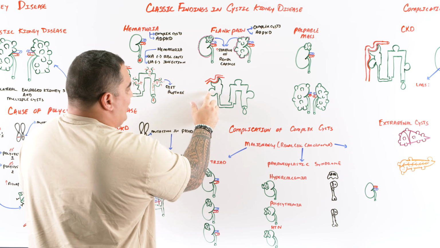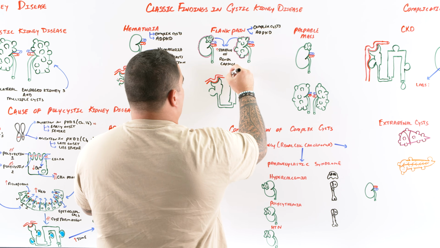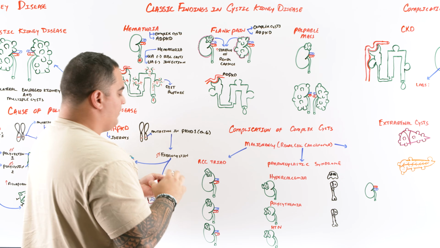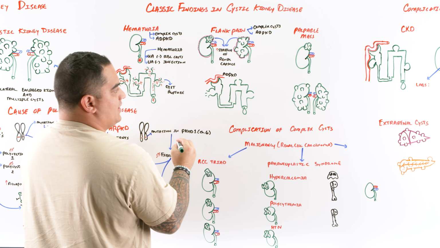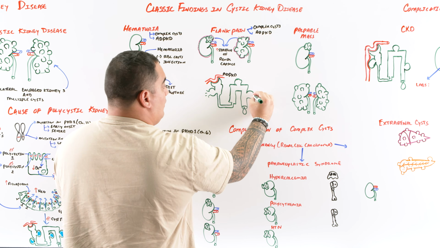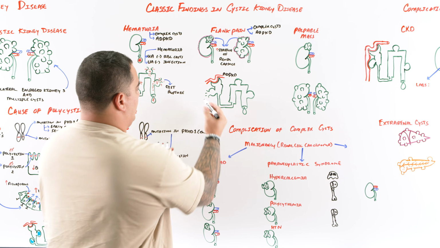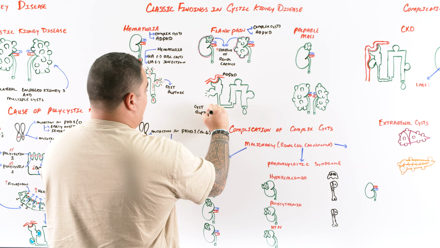Other reasons that you can have flank pain, especially in polycystic kidney disease, more so in ADPKD, could be due to everything we talked about over here. Maybe they ruptured a cyst. So one of them could be due to a cyst rupture. That definitely can cause pain and that can cause hematuria.